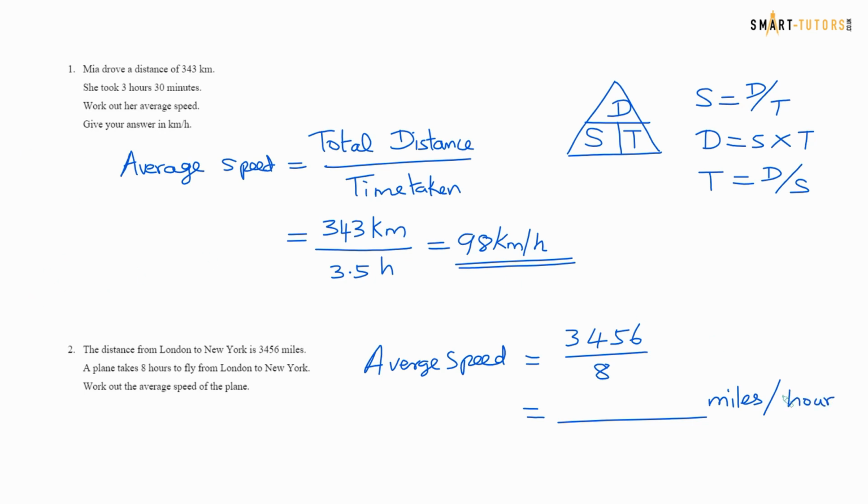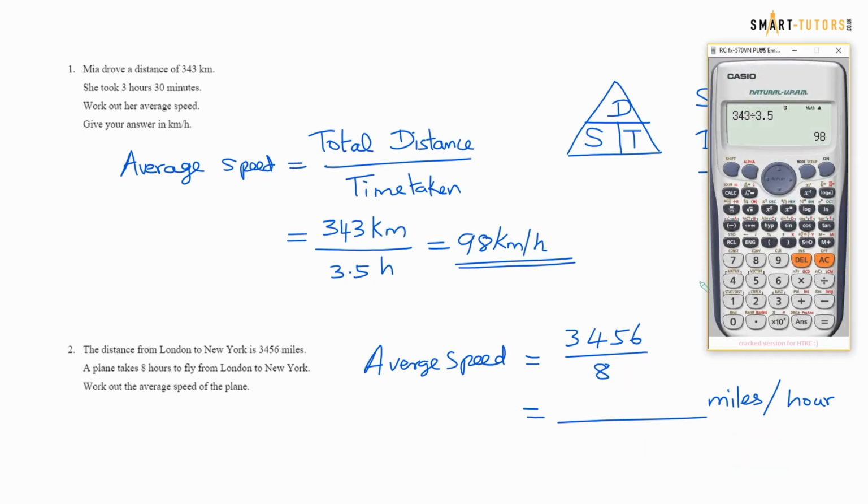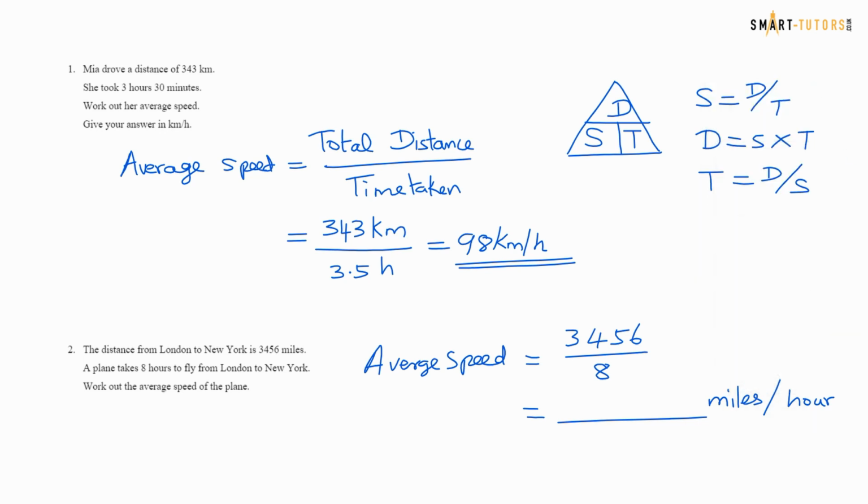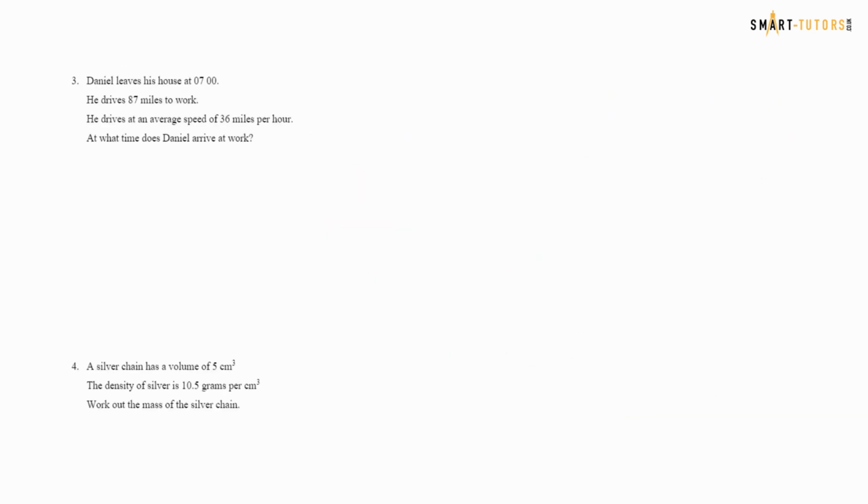Let's look at the calculator: AC, 3456 divided by 8. So 432 miles per hour.